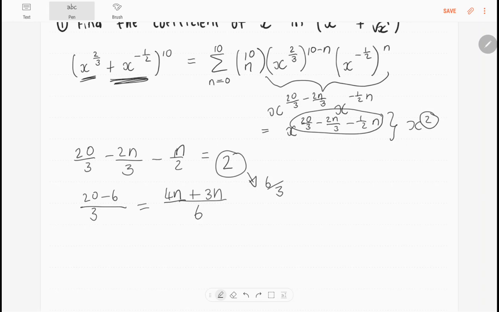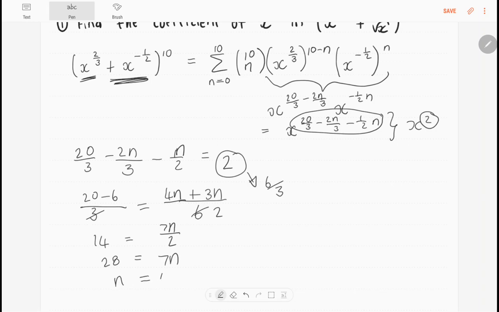Then we can divide both sides by 3. So I'm only left with a 2 there. Then I have 14 equals 4n plus 3n, which is 7n over 2. So I have 28 equals 7n.